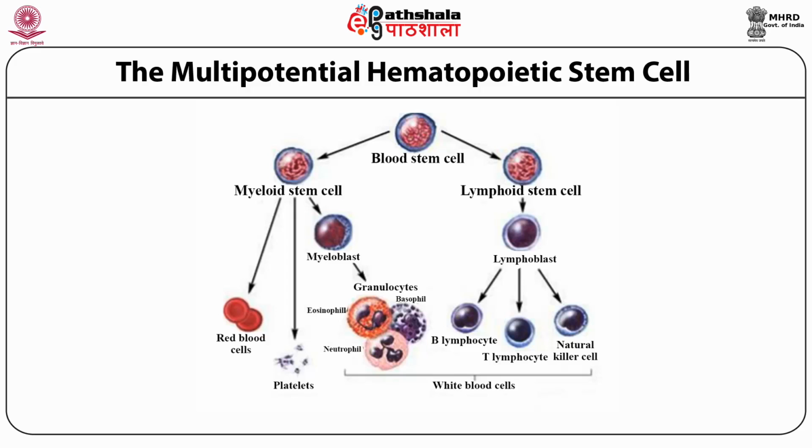The lymphoid stem cells, on the other hand, give rise to the white blood cells, which include the B lymphocytes and the T lymphocytes, which mediate the cellular immunity. Also, the natural killer cells arise from this lymphoid stem cell.